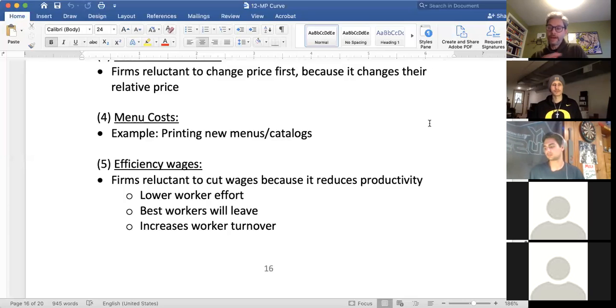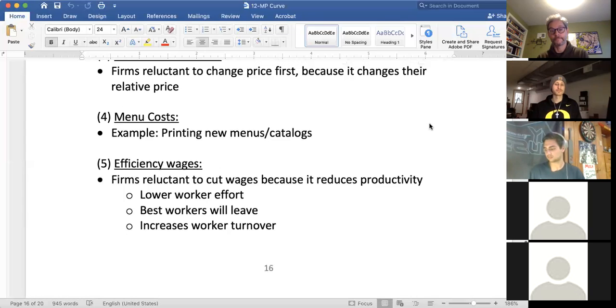So if you cut everybody's wages by 20%, who's most likely to stay? Your worst workers. And who's most likely to leave? Your best workers, because they can find a higher paying job elsewhere. And so once again, firms are very reluctant to cut wages. And they're very reluctant to increase worker turnover, right? Because firms invest a lot of money and training into workers. Once again, they're worried that if they cut wages, that might encourage a lot of workers to leave.